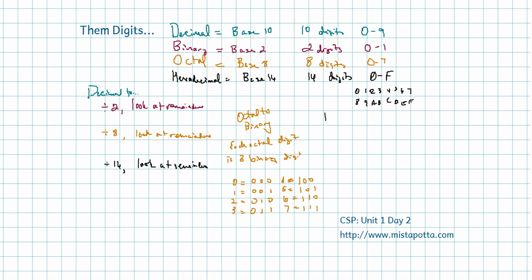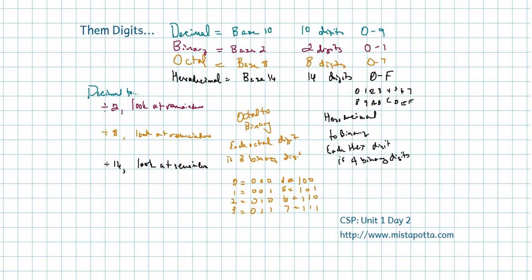If I want to do hexadecimal to binary, each hex digit is 4 binary digits.